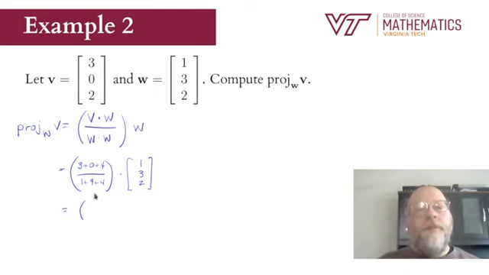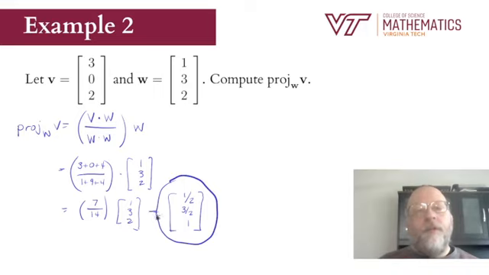Well, this is 7 on top and 14 on the bottom, which is the same as 1/2. When we take 1/2 of this vector, we get 1/2 and 3/2 and 1. And that is the projection that we want.